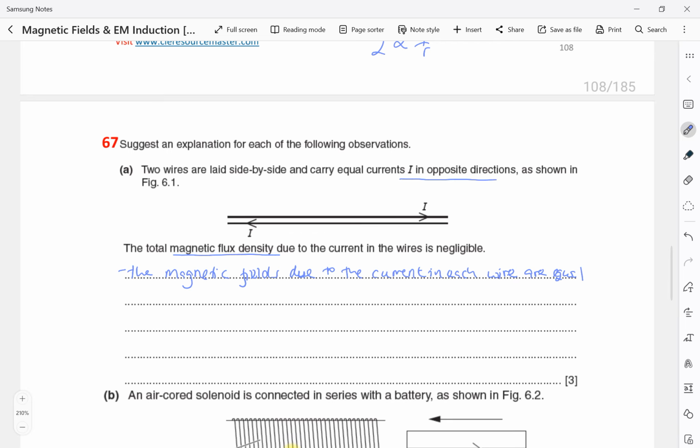So the magnetic fields due to the current in each wire are equal in strength. In other words, they have the same flux density, but are in opposite directions.